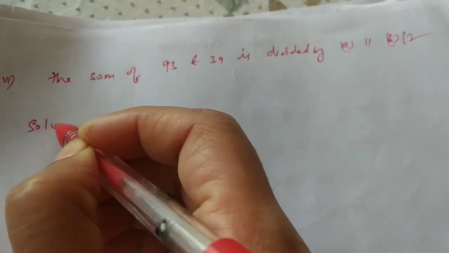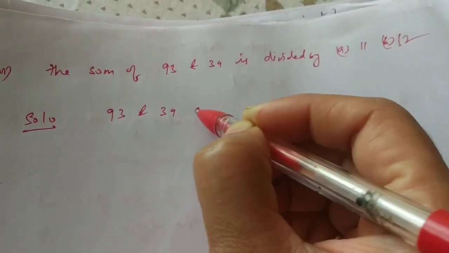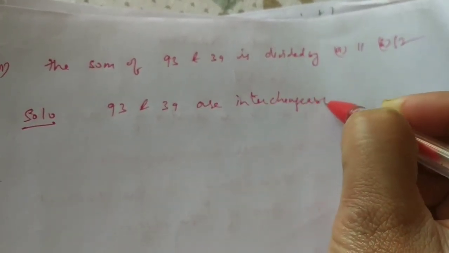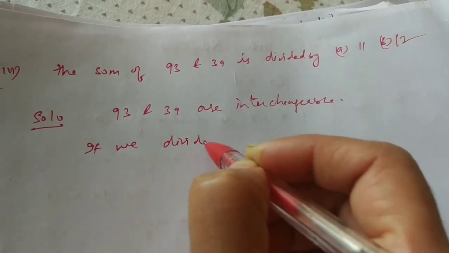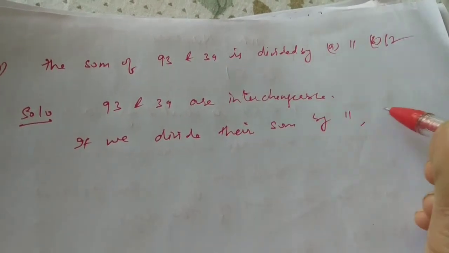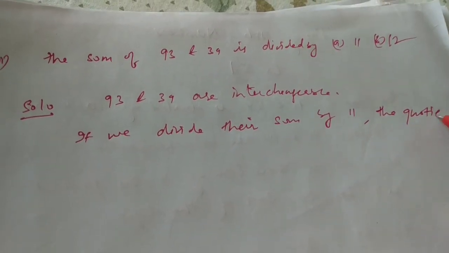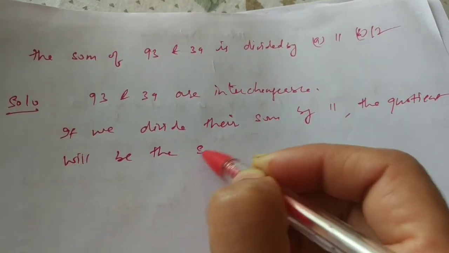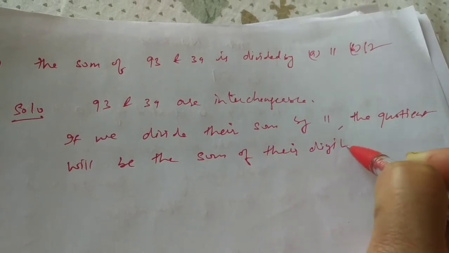So in the solution we will write, as 93 and 39 are interchangeable, if we divide their sum by 11, the quotient would be the sum of their digits.